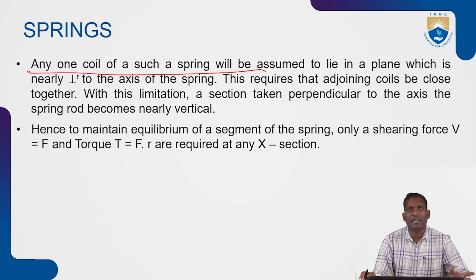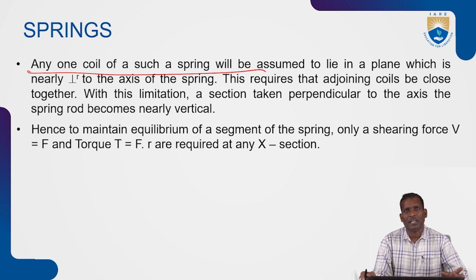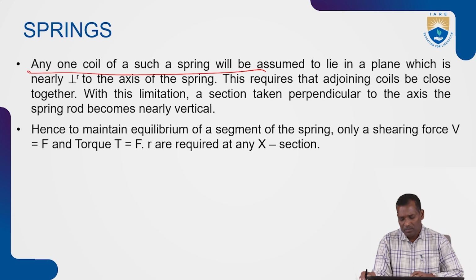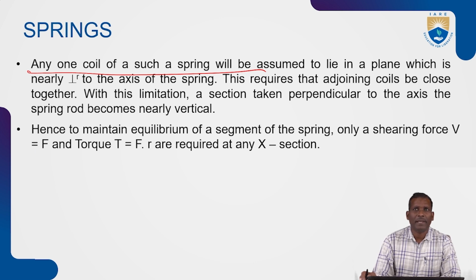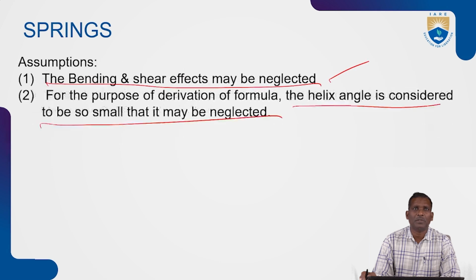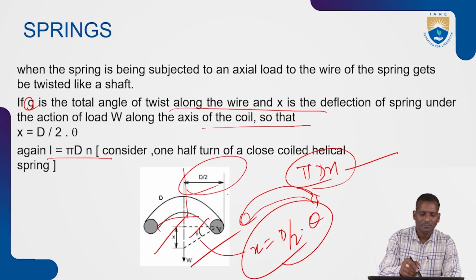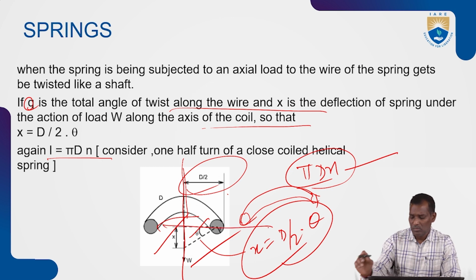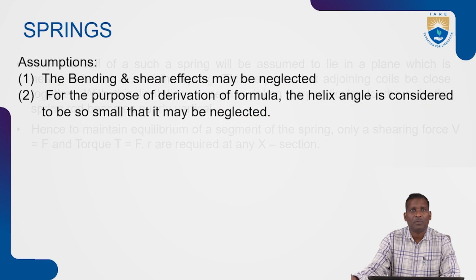With this limitation, a section taken perpendicular to the axis of the spring rod becomes nearly vertical. So the coil lies in a plane nearly perpendicular to the axis of the spring.